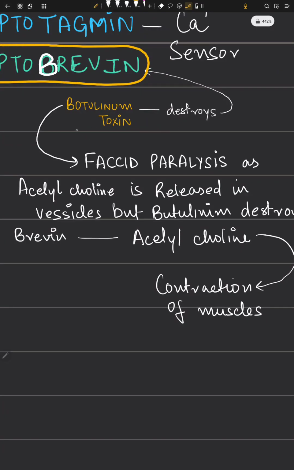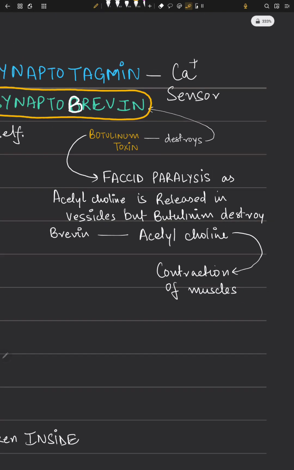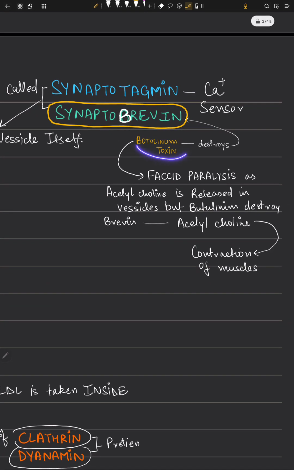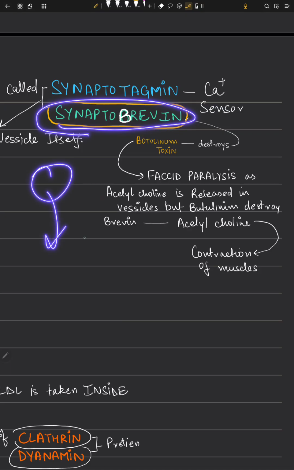What about botulinum toxin? So there's something called botulinum toxin. It's Botox basically, and it produces flaccid paralysis, and it produces flaccid paralysis because it stops acetylcholine. So okay, I'm gonna tell you how. What happens is that this botulinum toxin destroys the brevin, synaptobrevin, and once it destroys the synaptobrevin, no exocytosis can happen.